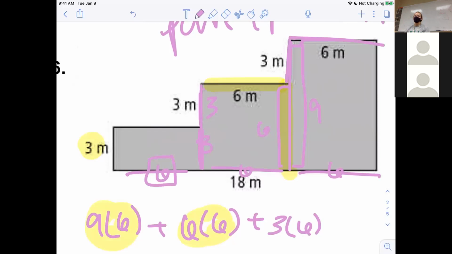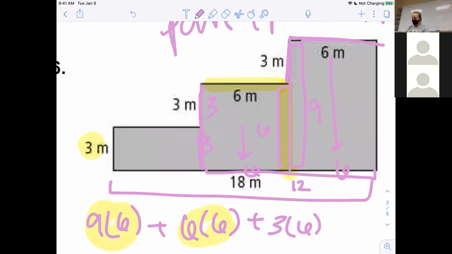No, don't lie to me, Charlie. So no. If this is 6, then I can assume this side's 6. We're good with that? So I've taken up 12 of it. If that's 12, but the whole distance is supposed to be 18, then that means 18 minus 12. My last part is 6.